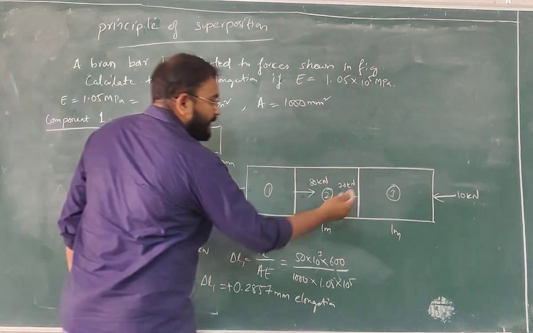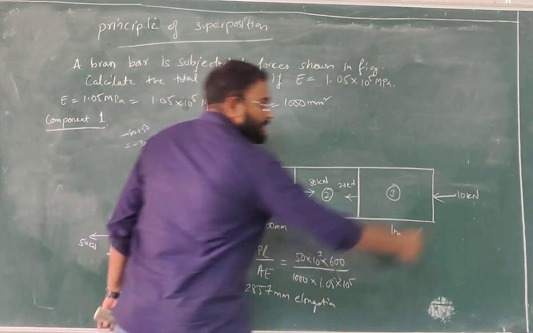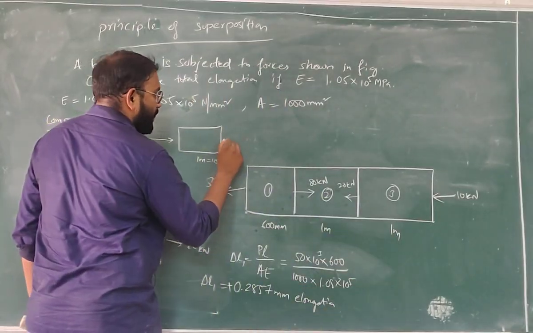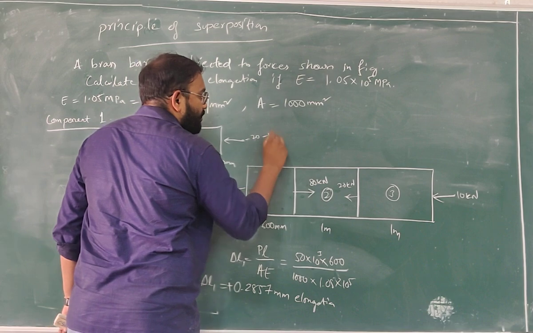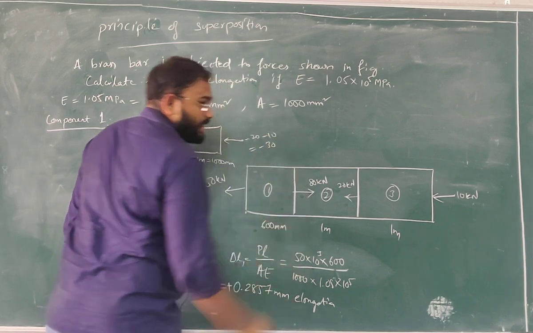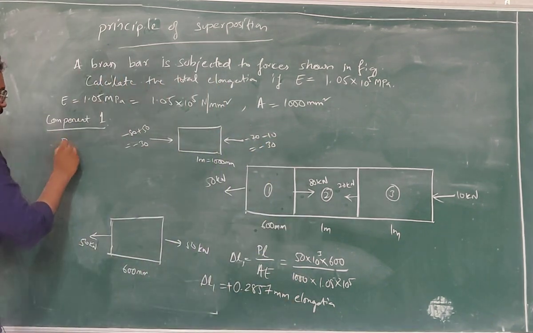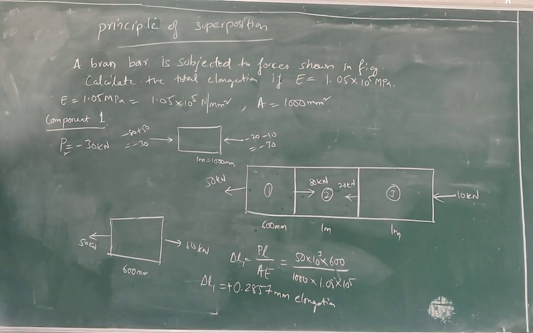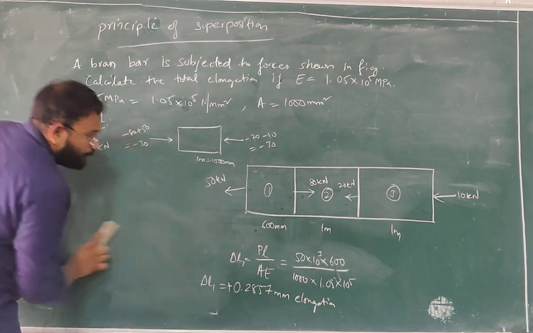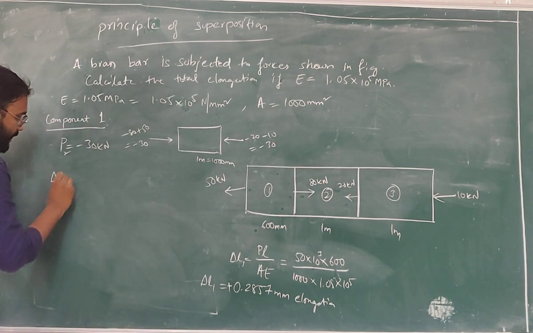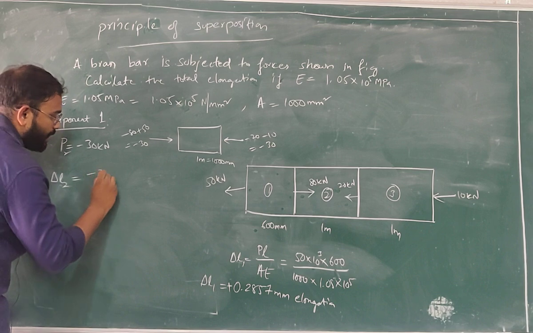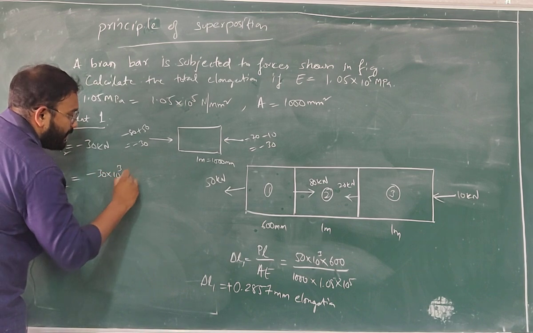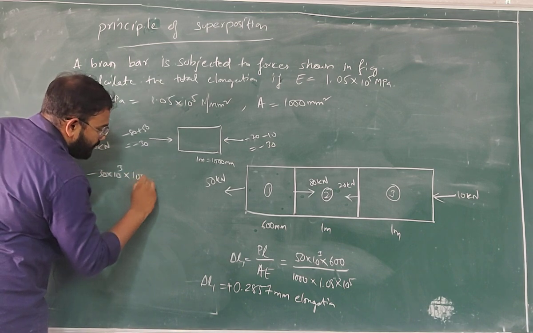Now coming on this side, this is again compression, this is again compression. So this will be minus 20, minus 20, this will be minus 30. So the force we have here is minus 30 kilonewton, P2, a compressive force. So now substituting in the same formula, calculate delta L2. Delta L2 is equal to minus 30 times 10 power 3 multiplied by 1000.